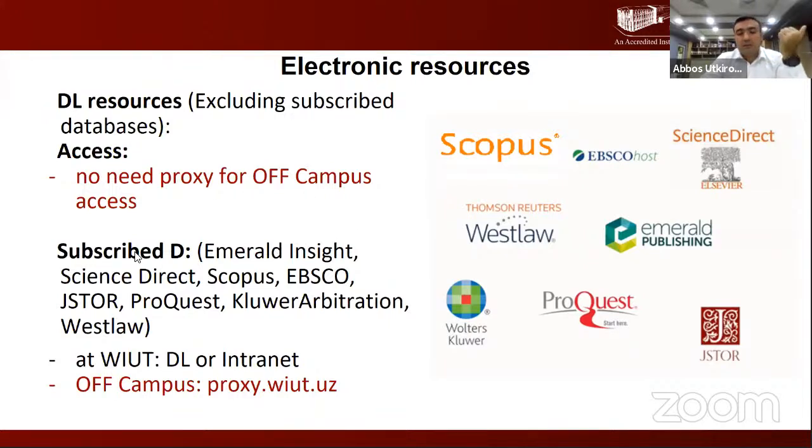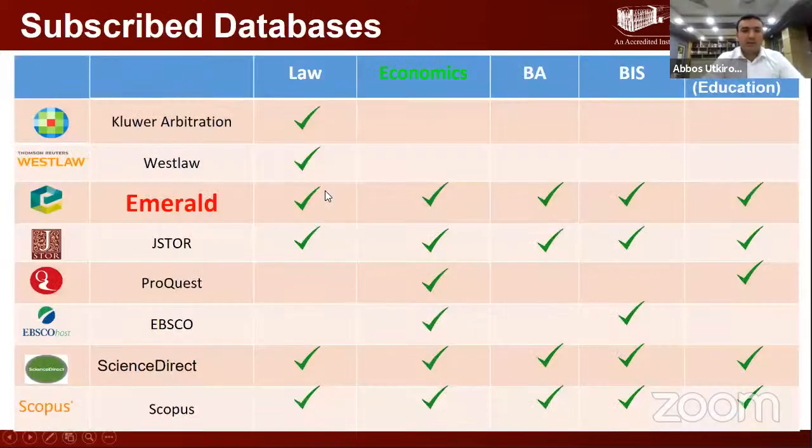Subscriber databases in our case are Emerald Insight, Science Direct, Scopus, EBSCO, JSTOR, ProQuest and Clever Arbitration. I will provide more details later on which subscriber database to use for which field. They also provide the opportunity of using them beyond the university. Let's move on to the next slide.